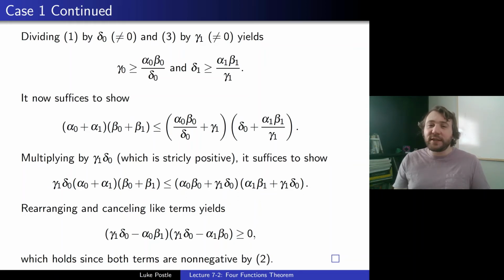If we couldn't just do it because the gamma 1 delta 0 term was smaller than the other, then we can plug in, eliminate gamma 0 and delta 1, rearrange, get this product of these two terms, and they're both non-zero by our assumptions. So it's a nice use of all four inequalities to end up proving the full inequality. So that's the case n equal 1, so now we're done with that.